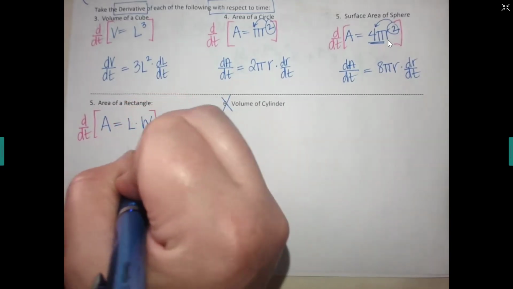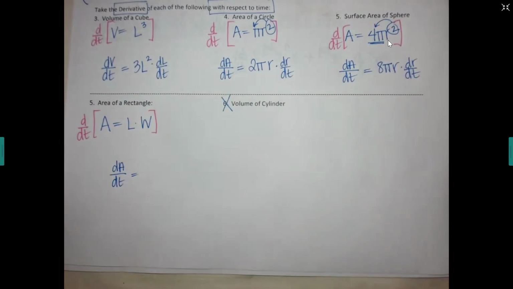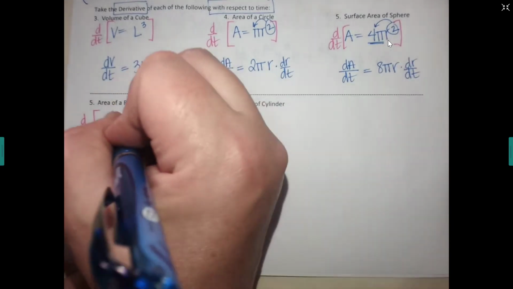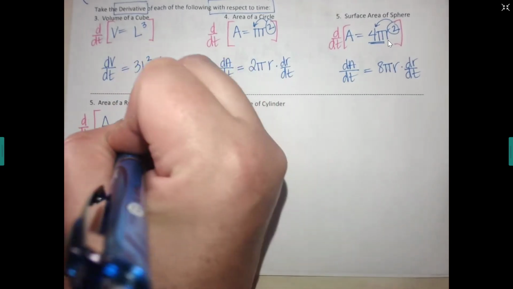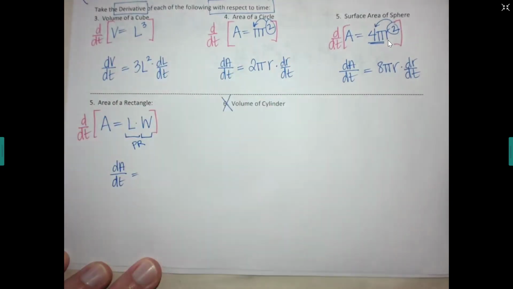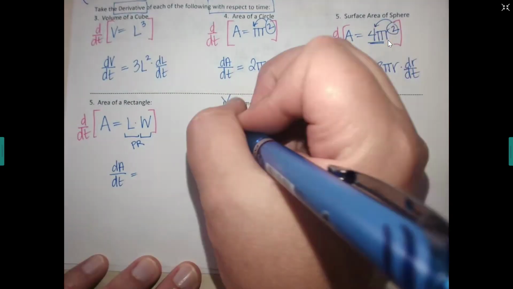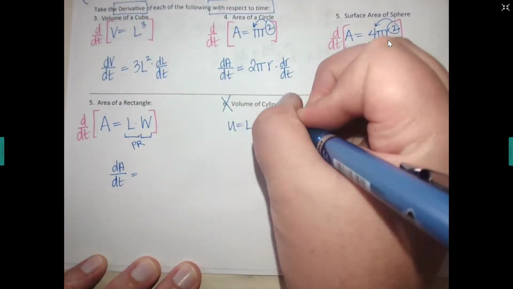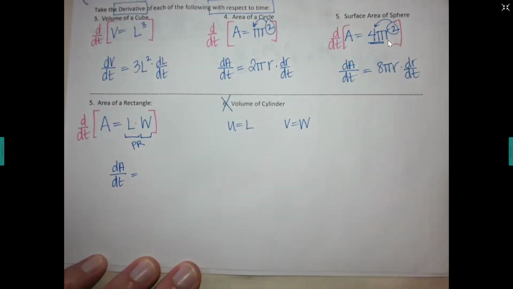But then when I take the derivative of the LW side, since the L and the W are multiplied, you would have to use product rule. Okay, so this is gonna need product rule. Because you have L's and W's and they're multiplied together, just like if you had X's and Y's and those were multiplied. So my U is an L, my V is a W. We're gonna take the derivative of both of those and then cross product.